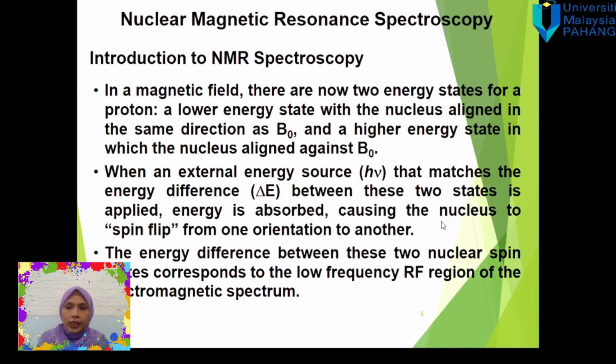When the nucleus spin flips, it is called resonance. When resonance happens, the NMR signal is given out. Otherwise, if no resonance, there is no NMR signal. So the important thing in NMR is that delta E needs to be equal to hv, then resonance can happen.